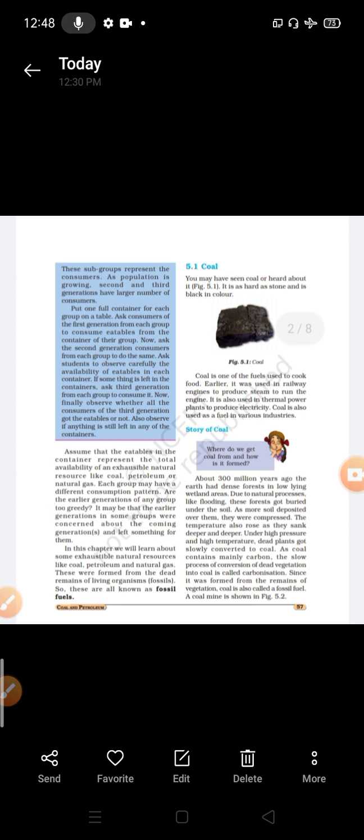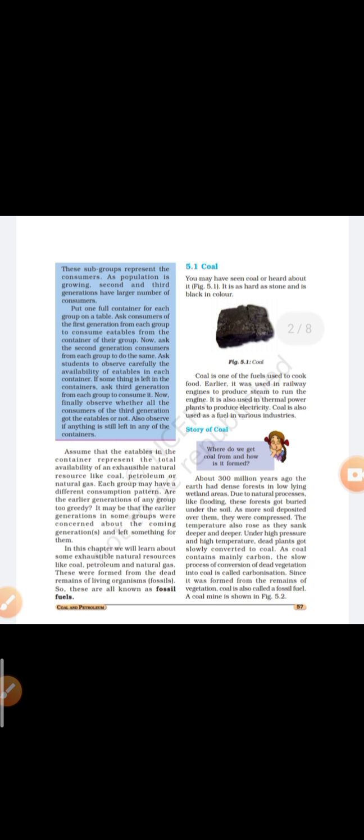Now in this chapter we will mainly read about exhaustible natural resources like coal, petroleum and natural gas. Because these are exhaustible, they were formed from the dead remains of living organisms that were present on earth.